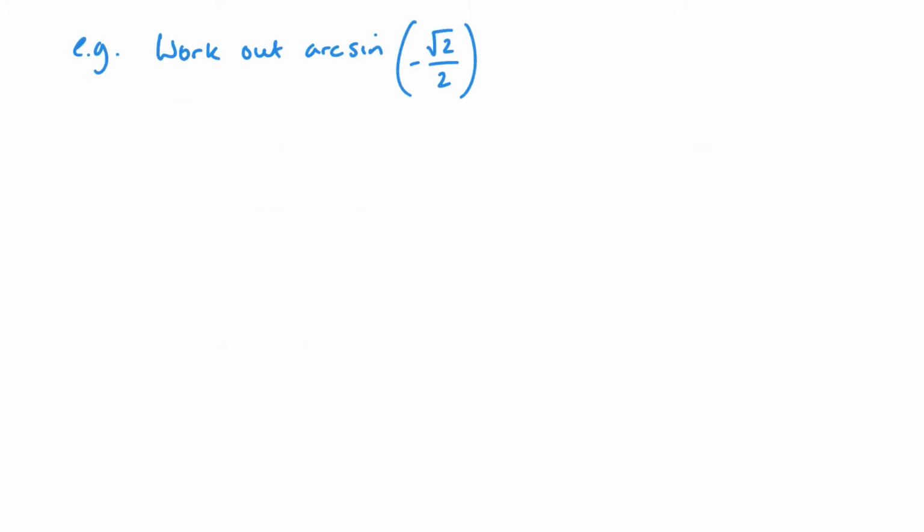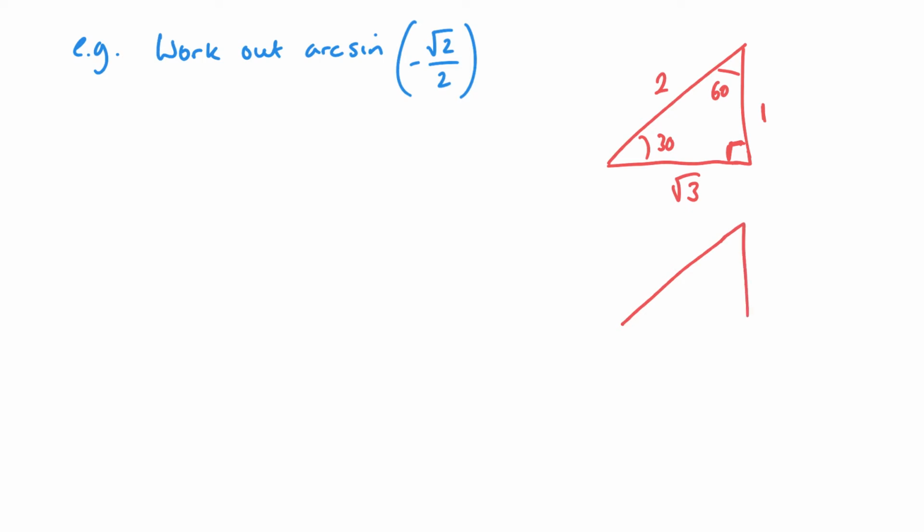Okay, let's look at an example. First thing you want to think about is that you need to know all your common angles, the ones that we use a lot. So you should know your 30 and 60 degree, and your 45 degree.